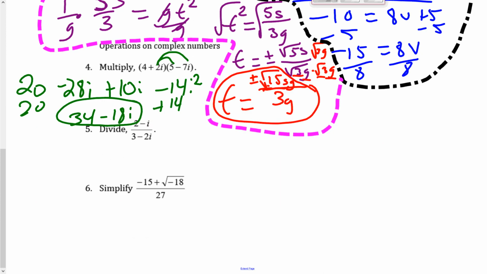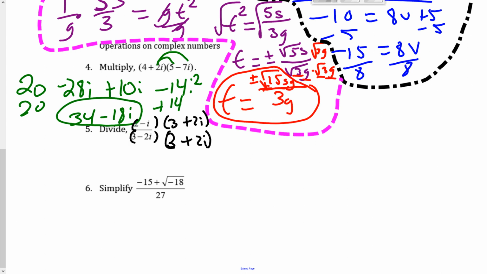All right, now let's do division. So when I'm dividing with complex numbers, it's the same as with the radicals. We got to multiply the top and bottom by the conjugate. So 3 plus 2i on top and on bottom. That means we're going to have to FOIL the top and FOIL the bottom.